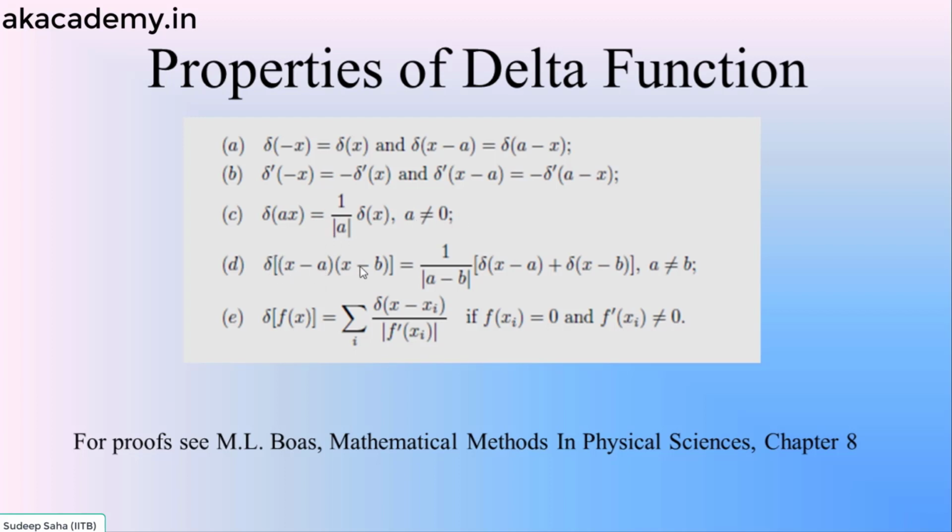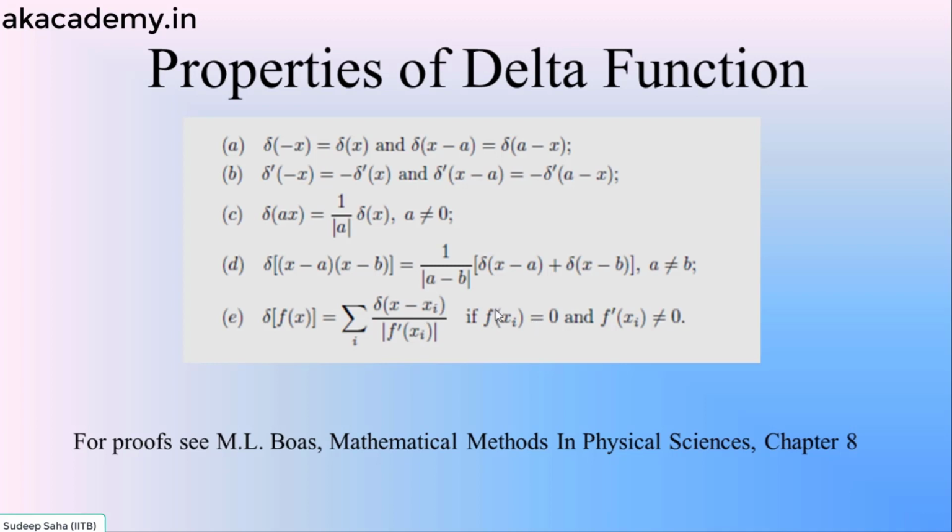Delta of x minus a multiplied by x minus b is 1 by a minus b, delta x minus a plus delta x minus b, where a is not equal to b. Okay, and similarly delta of f of x is the summation over i of delta x minus xi divided by modulus of f prime xi, where xi can be found by equating this function equal to 0.